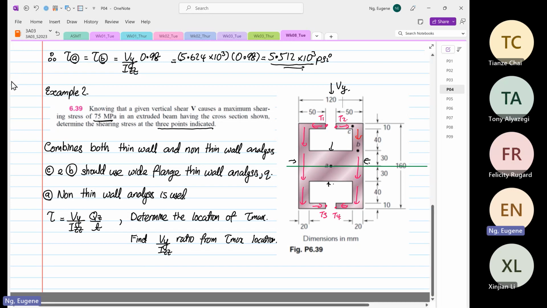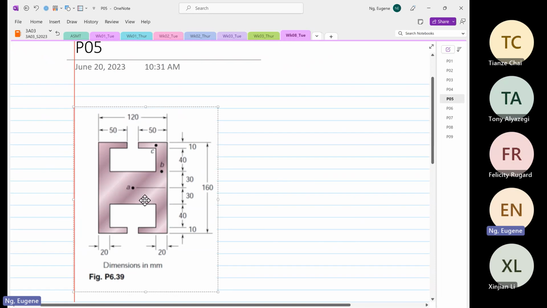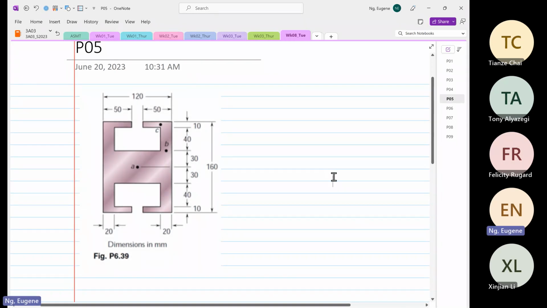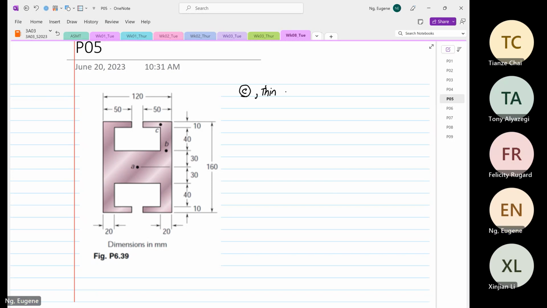Okay. So now we are going to find point C and point B. Okay, so start from point C, start from the closest location from the terminal. So we're going to find at point C, which is thin wall, wide flange analysis, and it's going to be called Q. We're just going to consider this area because we're going to start from our terminal 1.